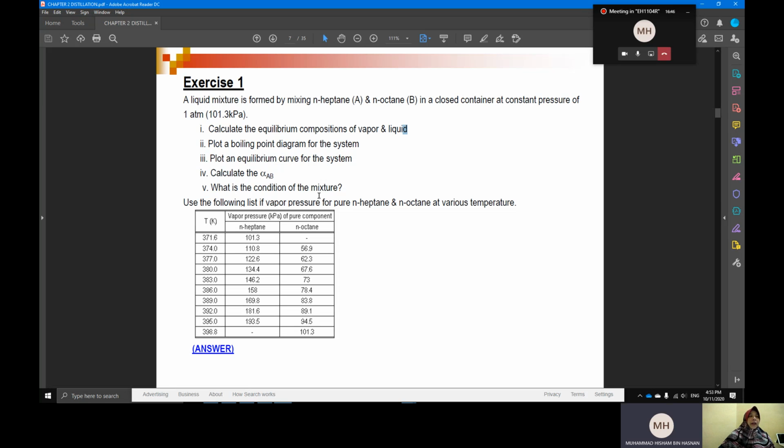The second one, boiling point diagram for the system. Okay, and then equilibrium curve for the system, and then calculate alpha, and then condition of the mixture. Alright, so these are related to one another for your understanding.